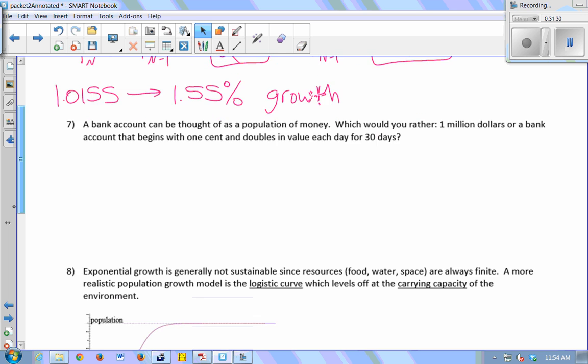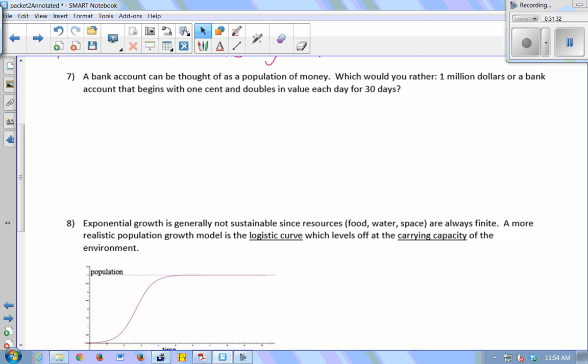Okay, so which would you rather? The $1 million or the penny? A penny, yeah. So if I start with 1 penny and I double 30 times, once a day for 30 days, then I'm multiplying by 2 30 times, or 2 to the 30th.